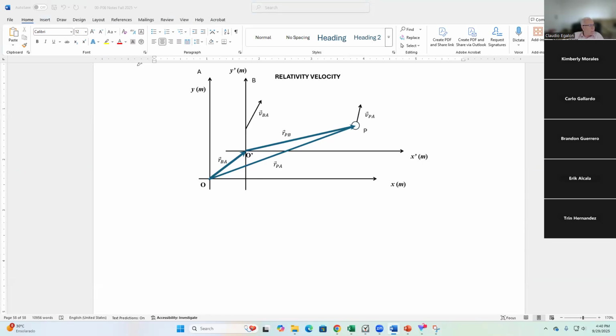Let's write it down. The position of point P with respect to referential A is equal to the position of referential B with respect to A, this guy right in here, plus position of your airplane, or point P with respect to B.